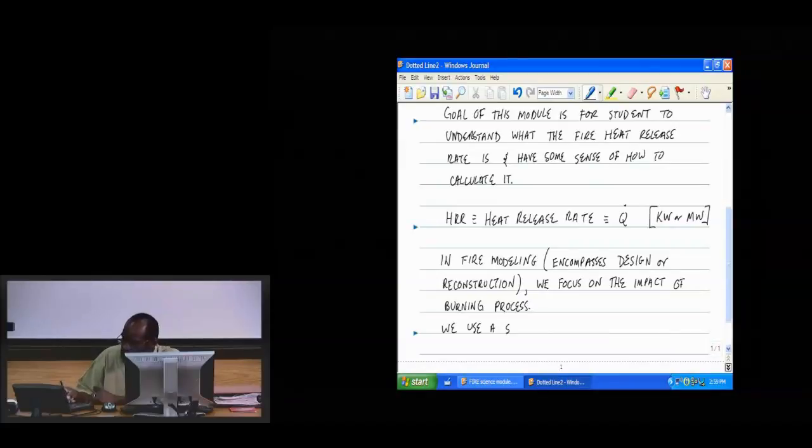One of the things you're probably thinking to yourself is, well, why are we going to go through some of the details of understanding flames and these more detailed pieces? I think it's really for context. We want to understand how these things fit together. So we use a simplified representation of the burning process.